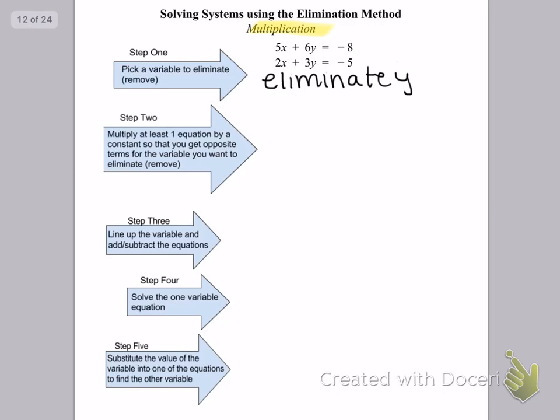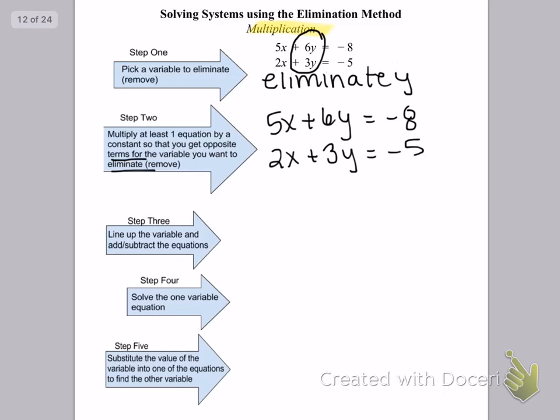So we need to follow step 2 now, which is multiply at least one equation to have the terms be eliminated. So we picked y, which is a smart decision, because we know that 3 times 2 gives you 6. So we're going to be writing our 5x plus 6y equals negative 8, and our 2x plus 3y equals negative 5.